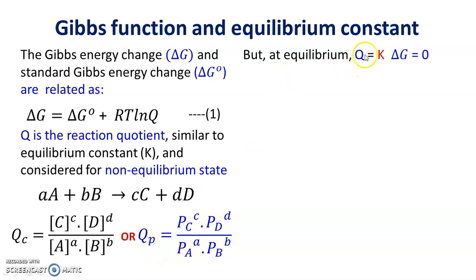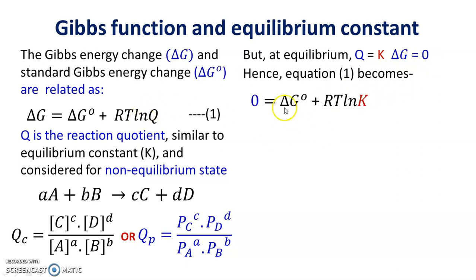But at equilibrium, the reaction quotient Q is equal to equilibrium constant K, and the change in Gibbs energy, that is delta G, is equal to 0. And therefore at equilibrium this equation 1, that is delta G is equal to delta G0 plus RT ln Q, becomes, now instead of delta G we write here 0.